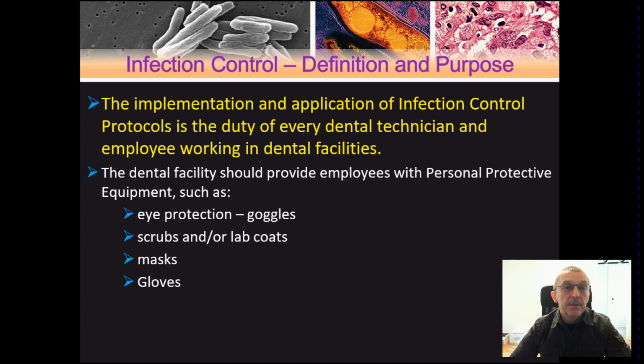The scrubs and lab coats should be worn so that you do not take home infection and you don't infect your clothes. Now it would be great if the laboratory had its own laundry service so that you do not have to take your laboratory coats home in order to wash them.